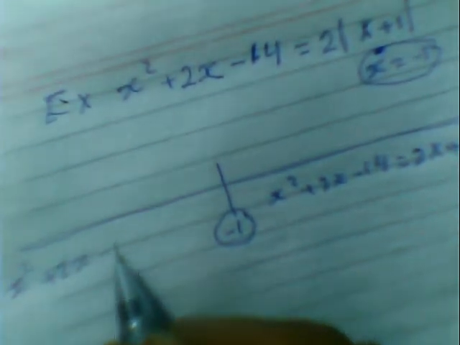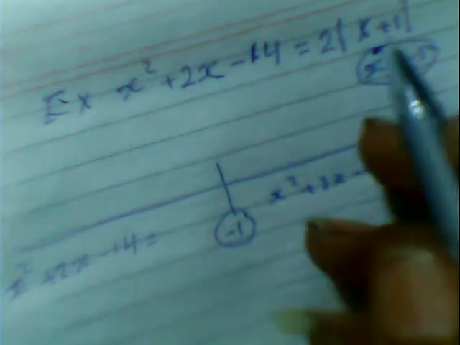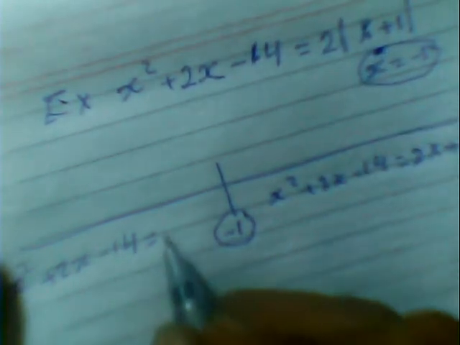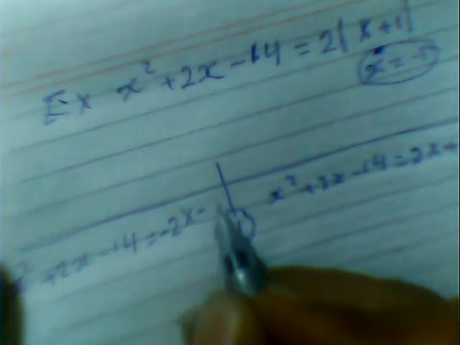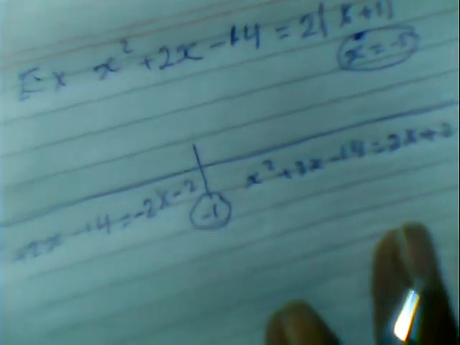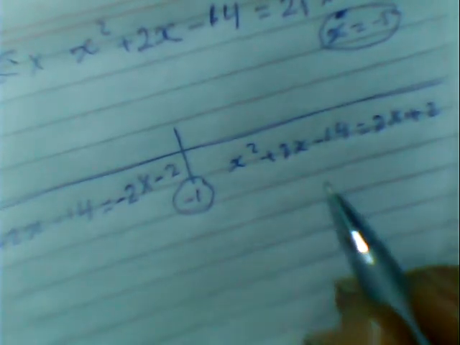For the left side, it is the same: x square plus 2x minus 14 equal, and here we put a minus, equal minus 2x minus 2. Okay, we can solve normally, every side alone.